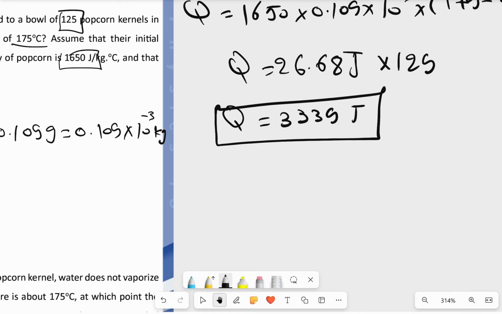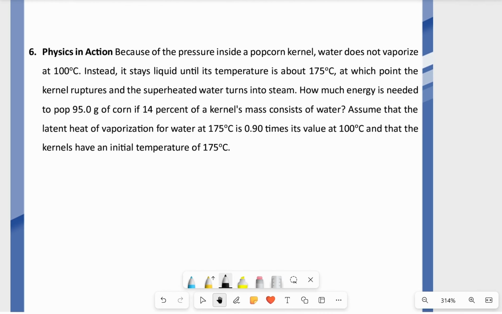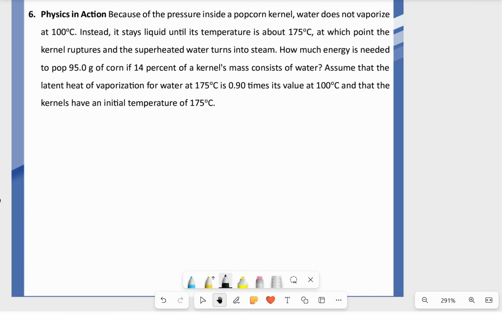Now we have question 6, the last question. It says that because of the pressure inside a popcorn kernel, water does not vaporize at 100 Celsius. Instead, it stays liquid until its temperature is about 175 Celsius, at which point the kernel ruptures and the superheated water turns into steam.